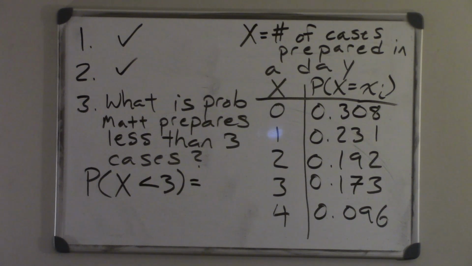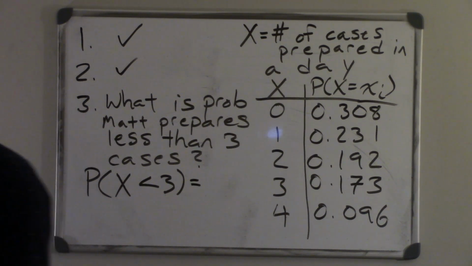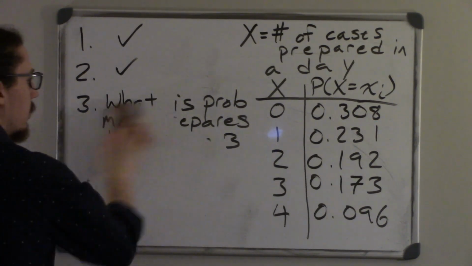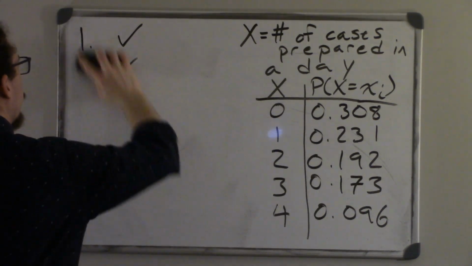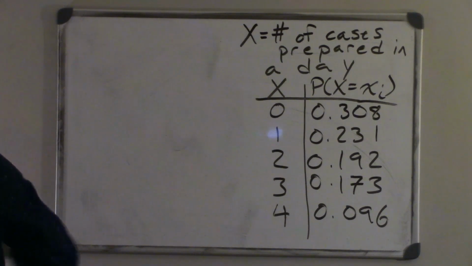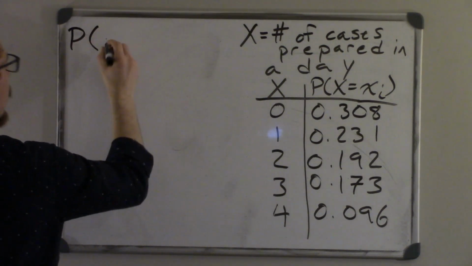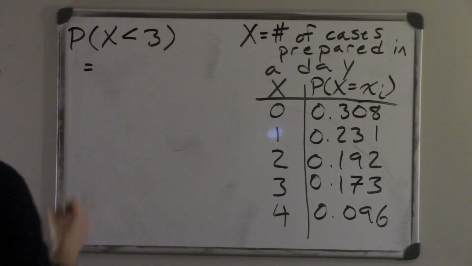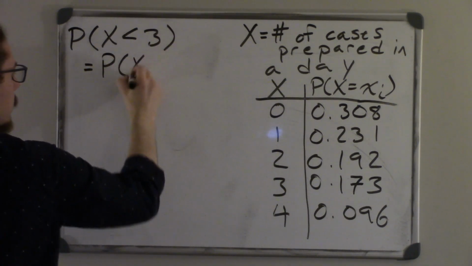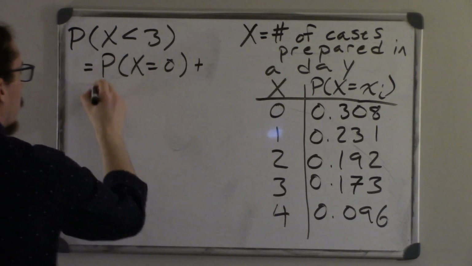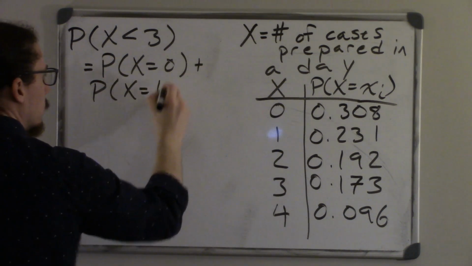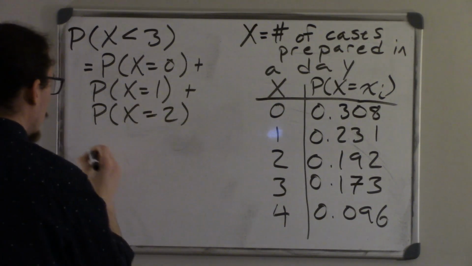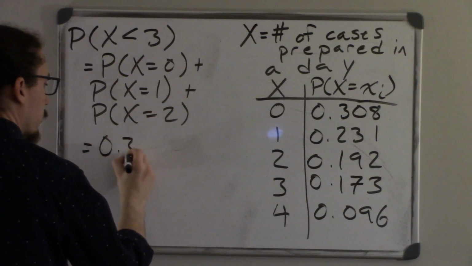I'm going to erase some of this so we can actually write that out and we can all see what's happening. So again, what is the probability that X is less than 3? To find this answer, we're going to do the probability X equals 0 plus the probability X equals 1 plus the probability X equals 2.